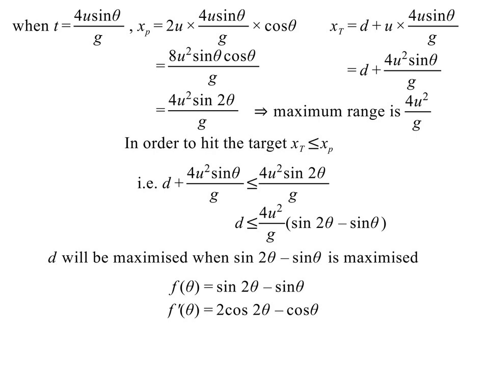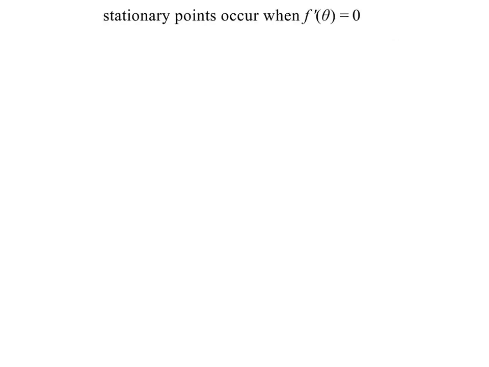Differentiate that because I want to maximise it: 2 cos 2 theta minus cos theta. Playing around with the trig, I end up with a quadratic here: 4 cos squared theta minus cos theta minus 2. Stationary points, because that's essentially what I'm trying to find, will occur when that derivative is equal to 0. Cos theta is 1 plus or minus the square root of 33, all on 8.